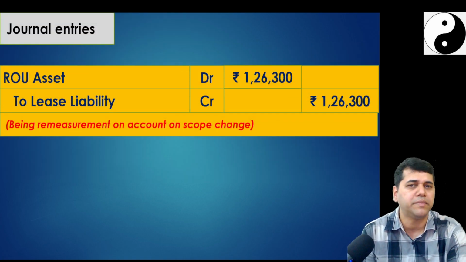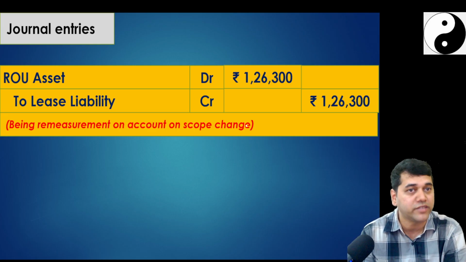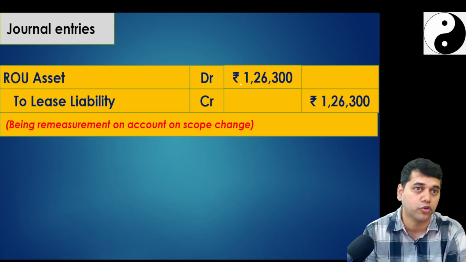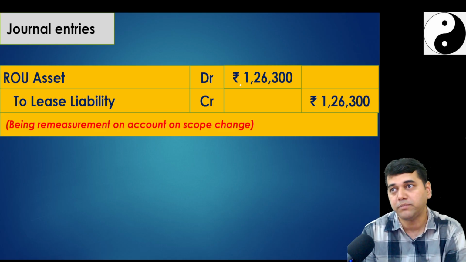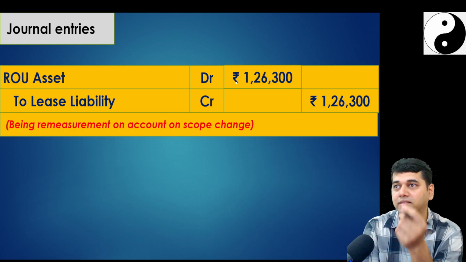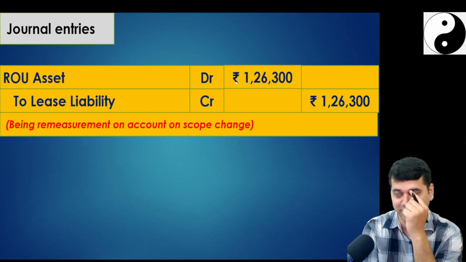Rather, we'll pass a separate entry, because you are giving the net effect. Because of the term reduction, ROU asset comes down. Because of the quantity increase, ROU asset goes up. Somebody looks at my journal entry and sees the net effect, they will get confused. Now, what happened exactly? That's why in all the questions I said this is important.